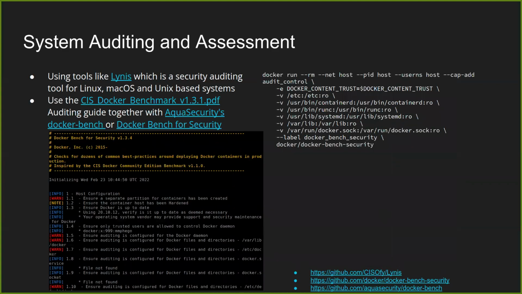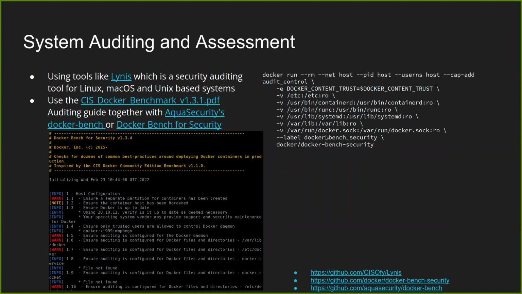The other one is Docker Bench from Docker. Docker Bench for Security is very similar to Docker Bench. However, this is something that Docker has created for us end users. And how to use it: you just run this Docker command.